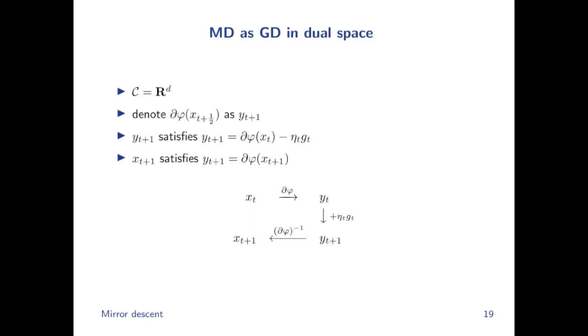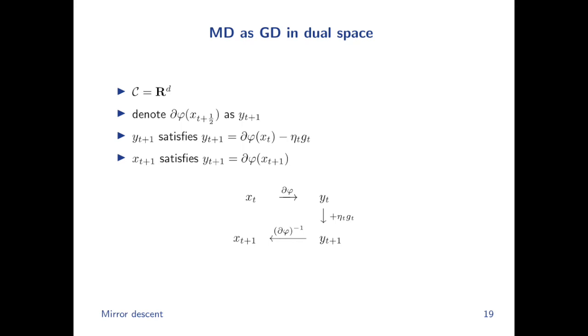Okay, and with these two relations in place, I can allude to why mirror descent is called mirror descent. Imagine you have these two sequences of iterates: the x sub t's and the y sub t's. The x sub t's are in the primal space.